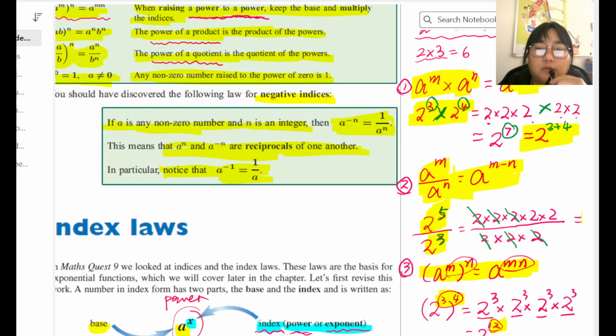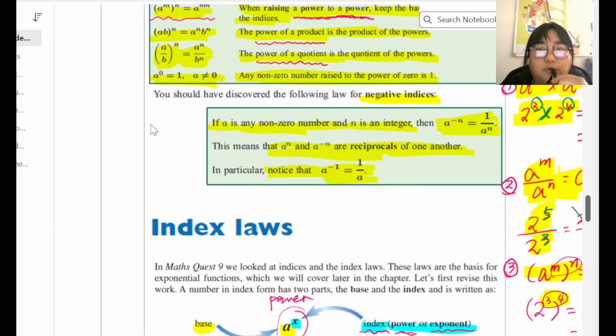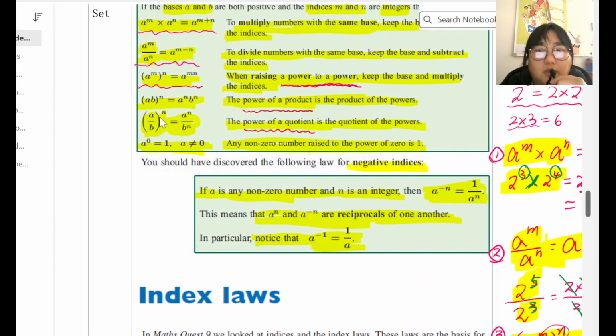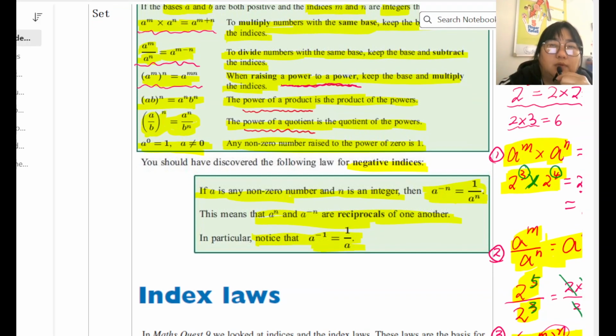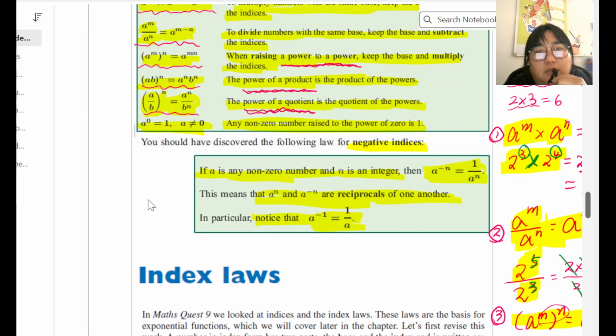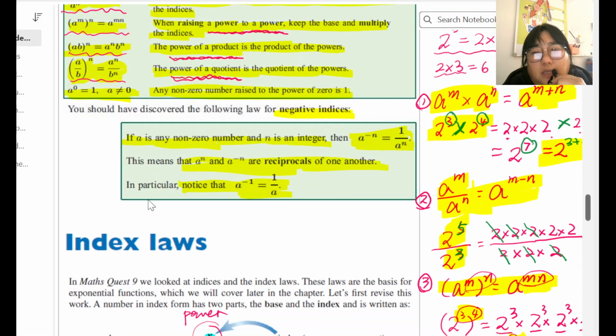Okay? So now we'll check the number 4s. Number 4s is talking about power of a product. So you can remember this one is power of a product, and also remember the next one is power of a quotient. So one is multiplication inside the bracket, one is division inside the bracket. So now we have a look at some examples.